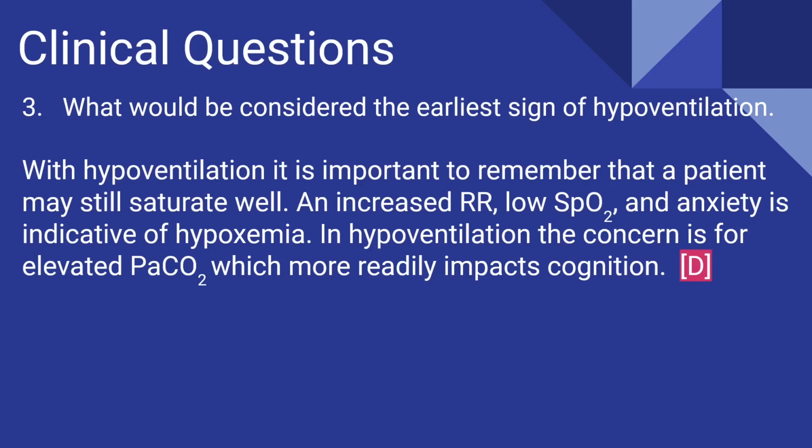So anxiety, an increased respiratory rate, a low oxygen could all potentially be signs of hypoxemia. But a patient with hypoventilation necessarily won't have hypoxemia. If I were to just take very slow breaths, my body might not necessarily become hypoxemic.